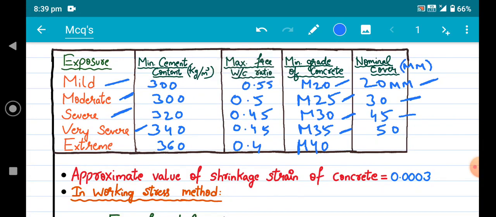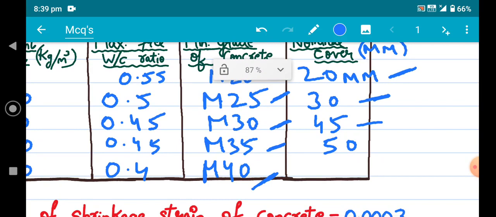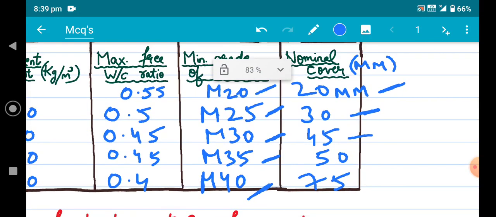And coming to the last one, extreme exposure condition, minimum grade of concrete required is M40 and the nominal cover will be 75 mm. So M20 20 mm, M25 30 mm, M30 45 mm, M35 50 mm, and M40 75 mm.